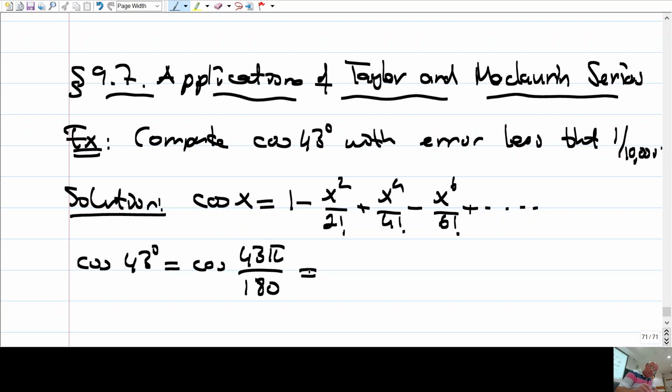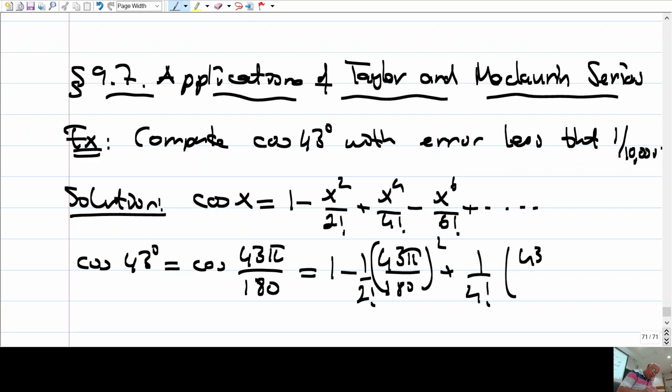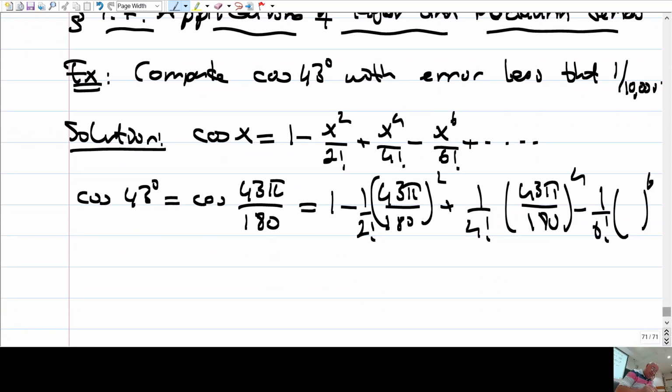So we have 1 minus 43 pi over 180 squared over 2 factorial, plus 1 over 4 factorial, 43 pi over 180 to the fourth power, and then 1 over 6 factorial, and so on. This is till infinity.